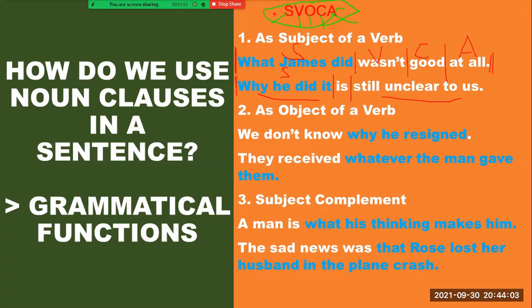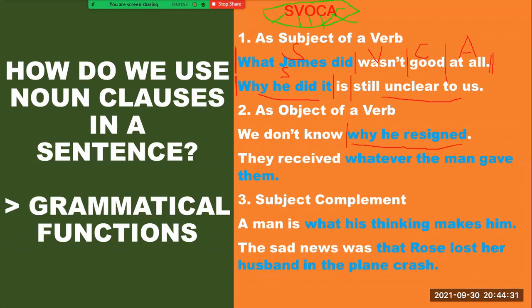You will find it among the related videos in the description section below. Now, the second grammatical function of the noun clause is object of a verb. We can use a noun clause as the object of a verb. For example, we don't know why he resigned. The noun clause here is why he resigned.